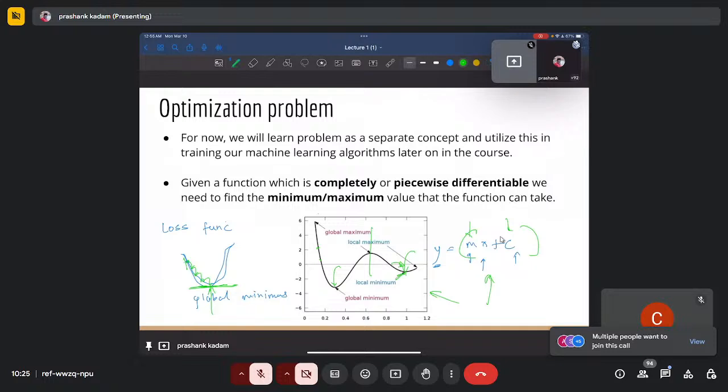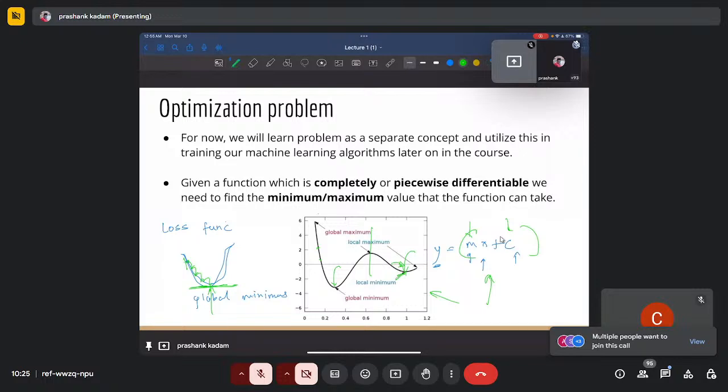So this is a piecewise differentiable curve. Every time you run your optimization, it might or might not reach the global minima. So for that, you will have to run multiple iterations of your algorithm so that you avoid all the local minimas and you are able to find the global minima.